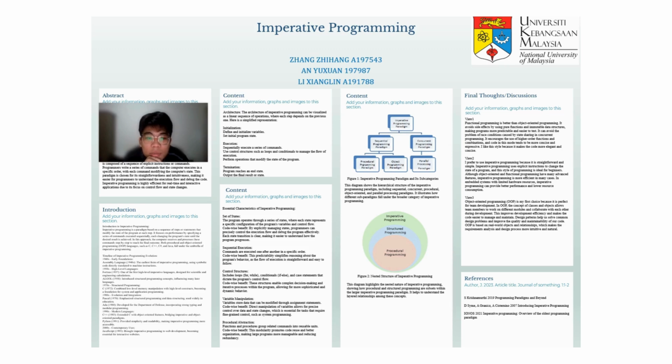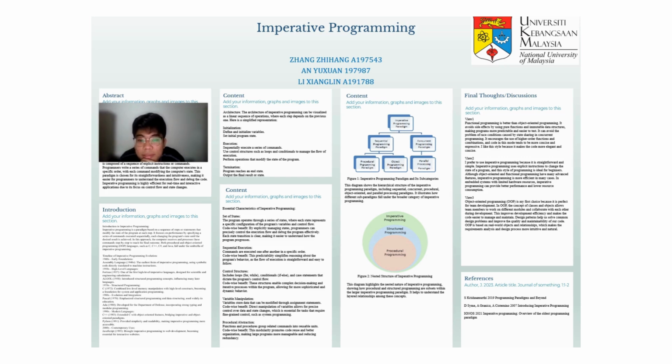Execution: sequentially execute a series of commands, use control structures such as loops and conditionals to manage the flow of execution, and perform operations that modify the state of the program. Termination: the program reaches an end state and outputs the final results.